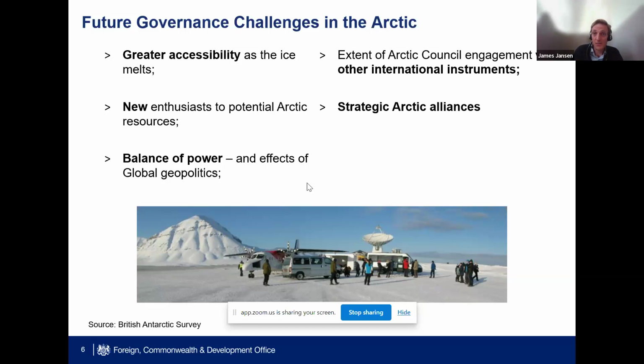And related to that, we are seeing, of course, the potential for new strategic alliances to emerge. So Russia has been very proactive in thinking about new alliances that it can help build to shore up its position in the Arctic, and as an Arctic state, thinking about engaging with some of the BRIC countries, for example, but also thinking about how it can make the most of access to the Arctic and Arctic waters as the sea ice retreats and opens up the Northern Sea route, for example.